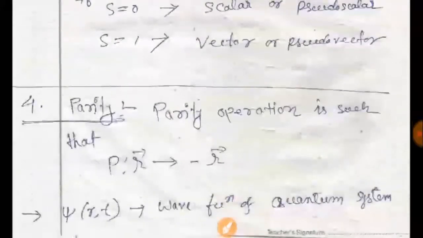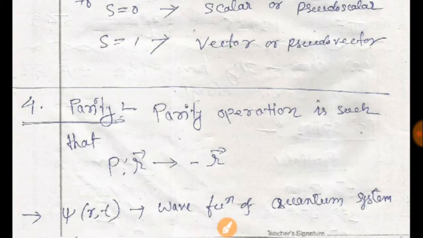Another thing is parity. The parity operation is the flip of the coordinate system. If we have r, and after the operation we get minus r, that means parity changes. Here r is xi cap, yj cap and zk cap, the coordinates.